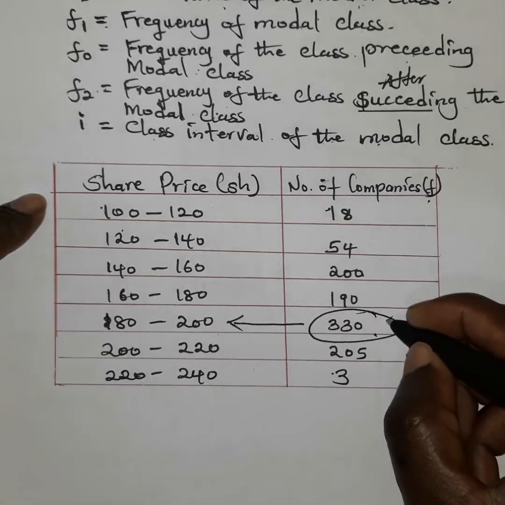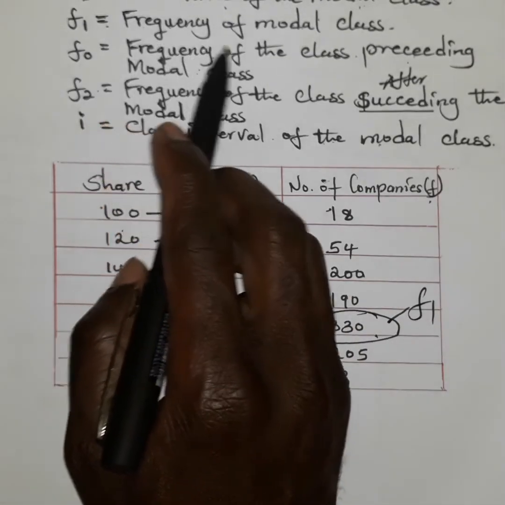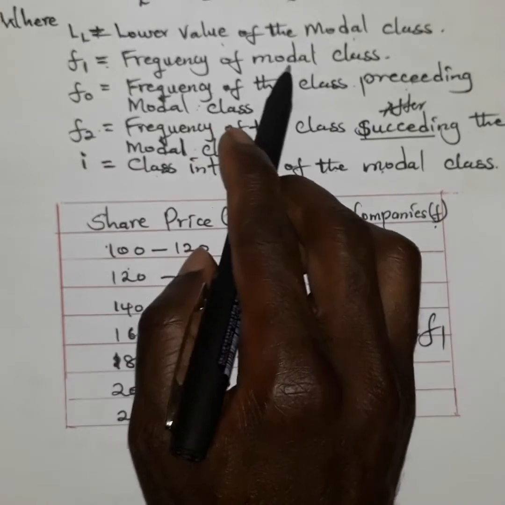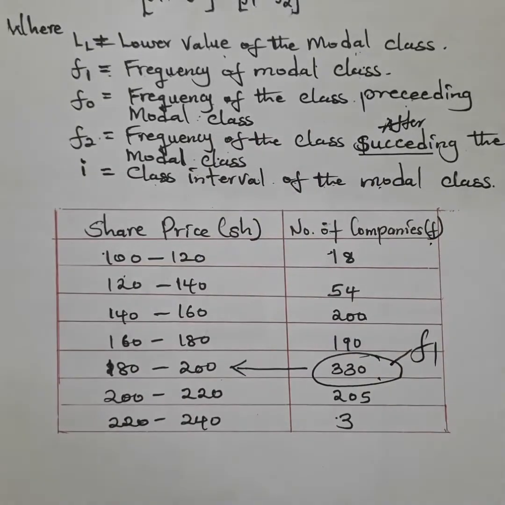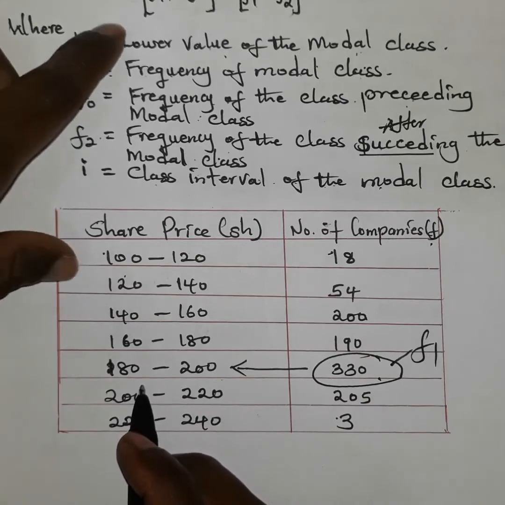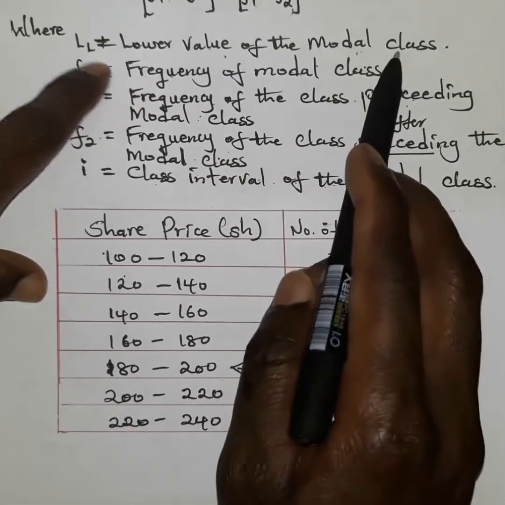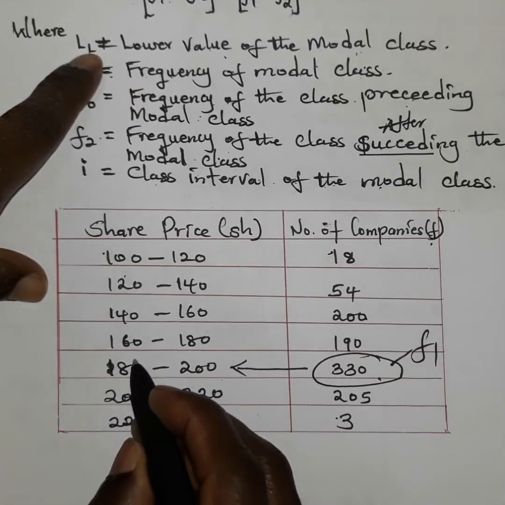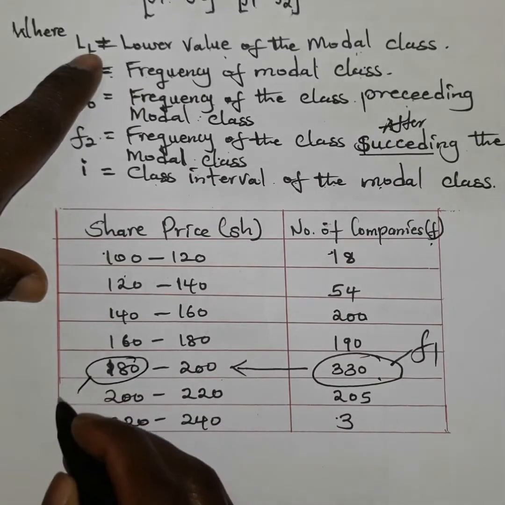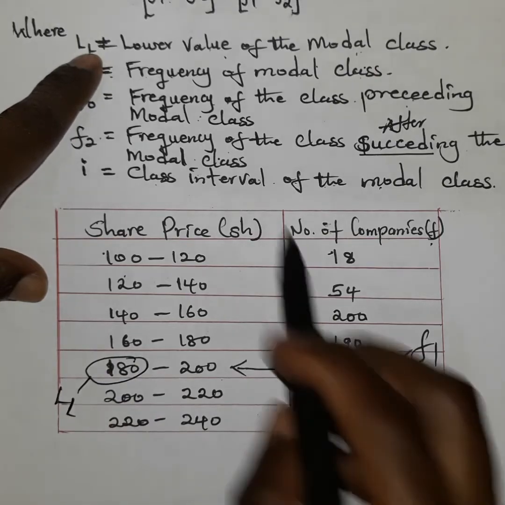This becomes F1, the frequency of the modal class. Then L, the lower value of the modal class, should be this one.